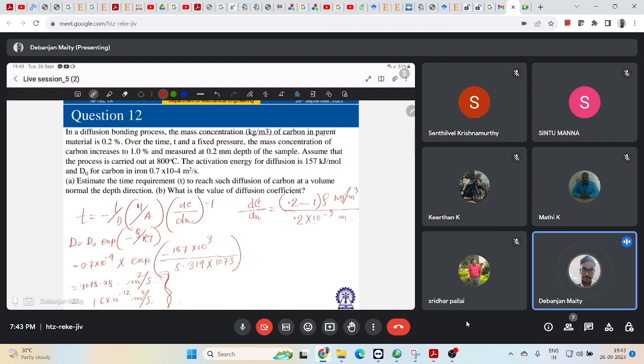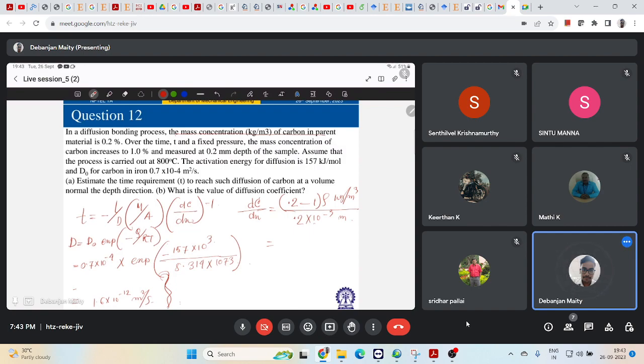So 0.2 minus 1 is 0.8, 0.8 by 0.2 is 4. Sir, it comes 1.6 into 10 to the power minus 12. Okay, so we have got this 1.6 into 10 to the minus 12.